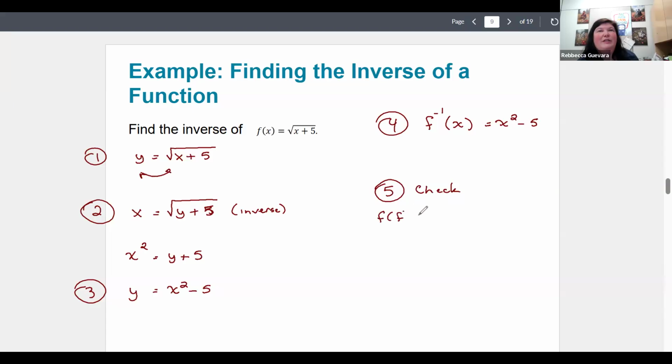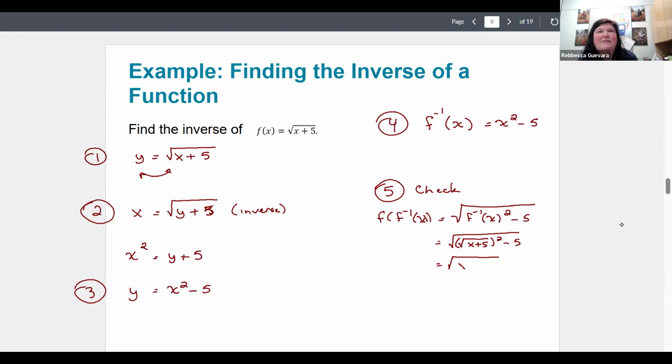So if I do f composed with f inverse, then we're going to get the square root of, f inverse squared minus 5, which is going to be the square root of x plus 5 squared minus 5, which is thus going to be the square root of... I made a mistake somewhere.